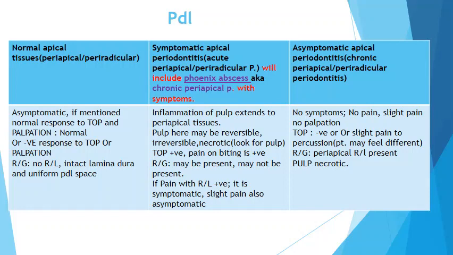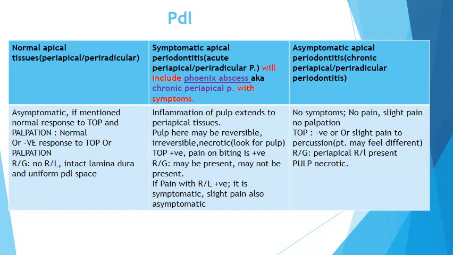So we'll just have a look at this. When inflammation of pulp extends to the periapical tissues, the pulp condition can vary from the periodontal condition. Now when you have symptomatic apical periodontitis, the pulp may be reversible, may be irreversible, may be necrotic. So what you have to answer about the pulp, you will go back and read in the pamphlet.